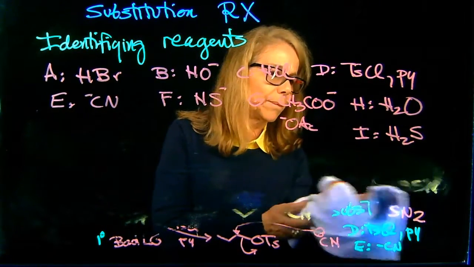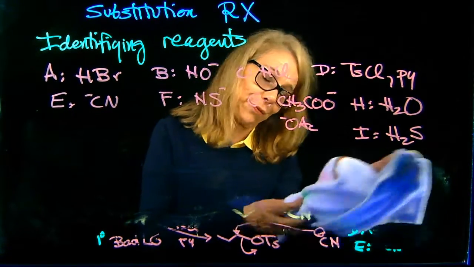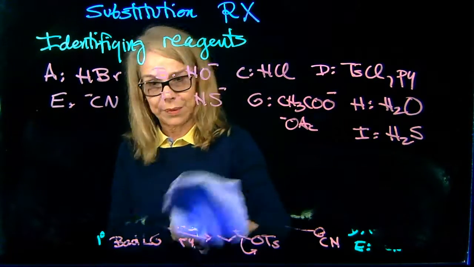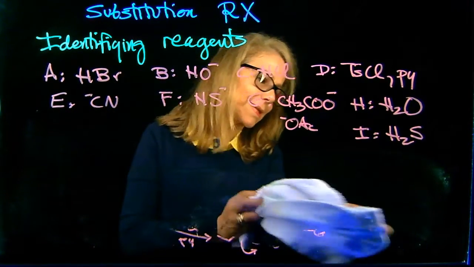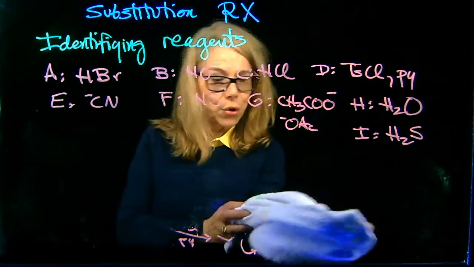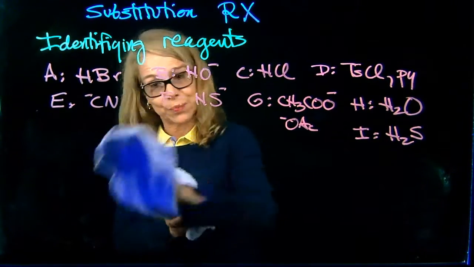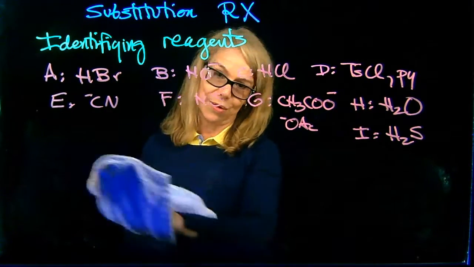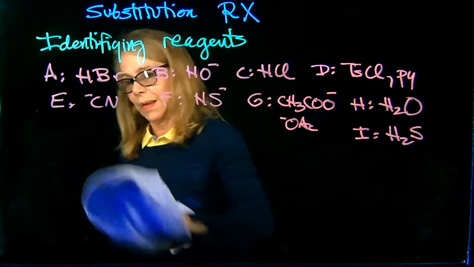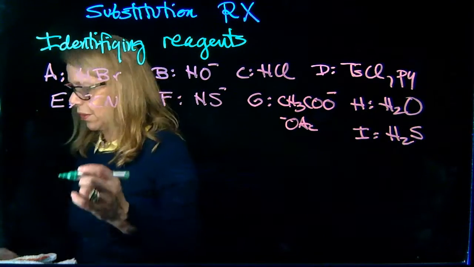The substrates that we had so far in these two examples are primary, and they are proceeding by the SN2 mechanism. Knowing the reaction mechanism and knowing the structure help us predict products, which is the ultimate goal when you're solving these problems in organic chemistry.